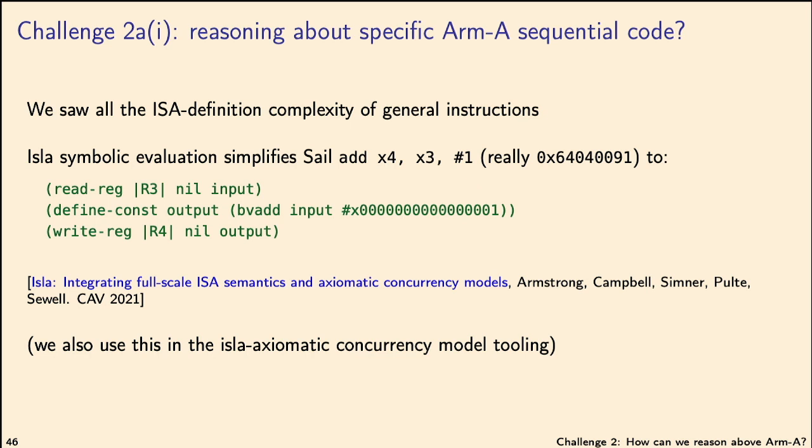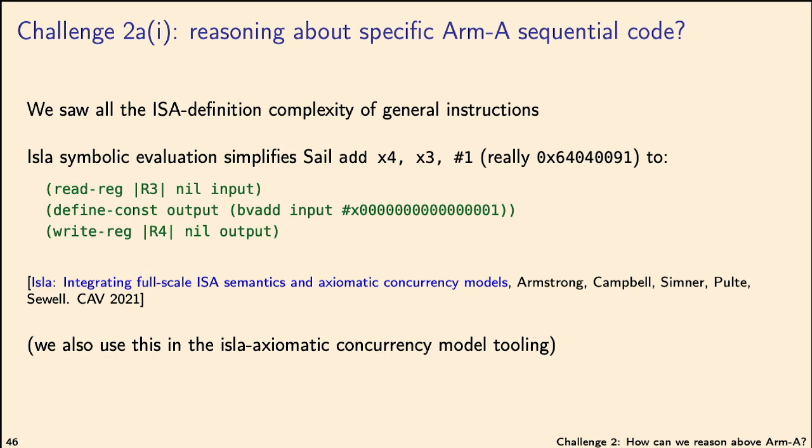The first idea is to notice that even though for instructions like that you have that whole page of Sail, if you know that you're working on a specific opcode or an almost specific opcode, and if you know that you only care about the semantics maybe at EL2, and maybe under some other assumptions about system registers, and maybe on some assumptions that some addresses are aligned, so you won't generate multiple accesses for a memory access, just one single copy atomic access, then this Isla symbolic evaluation tool by Alasdair can take that page of Sail and simplify it down with symbolic execution to a nice, easy-peasy little trace.